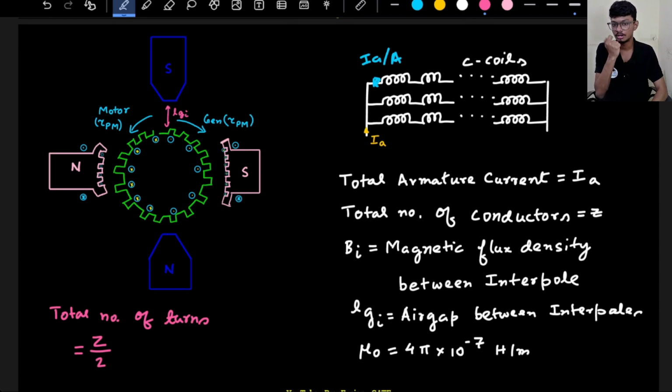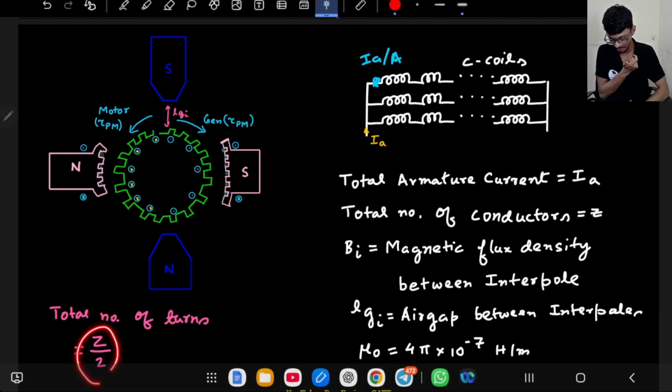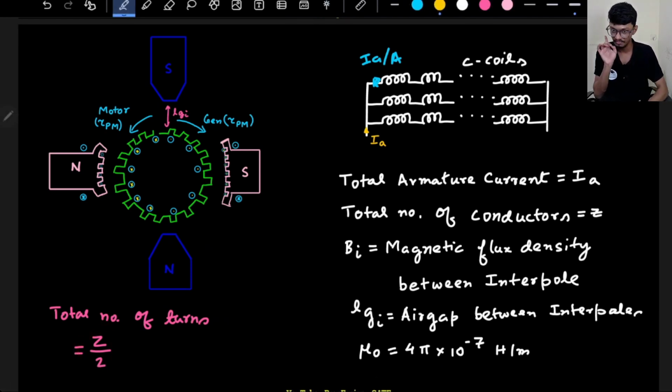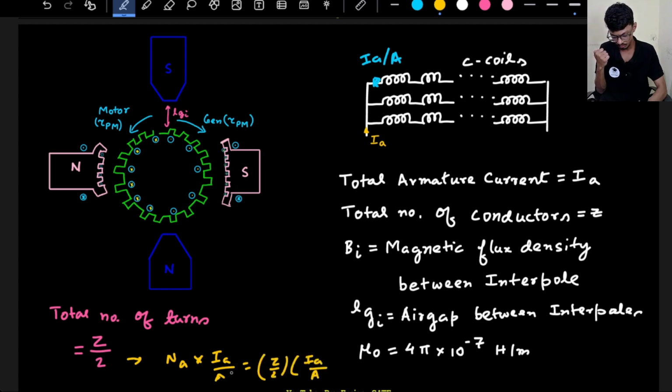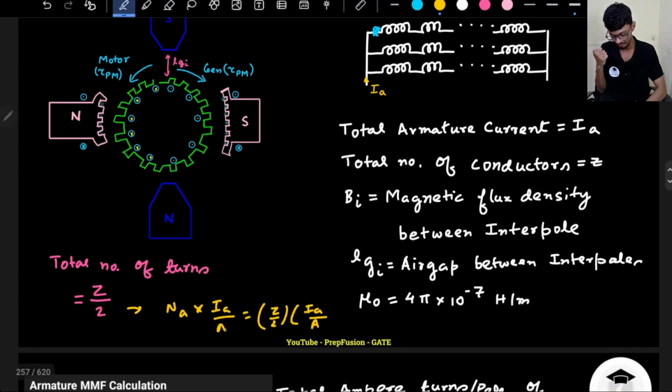It should be the number of turns of the overall armature, that is Z by 2, into the current per coil or current per conductor. What is the current per conductor? It is IA divided by capital A. So Z by 2 into IA divided by capital A. This we had already derived in the previous lecture as well, right?